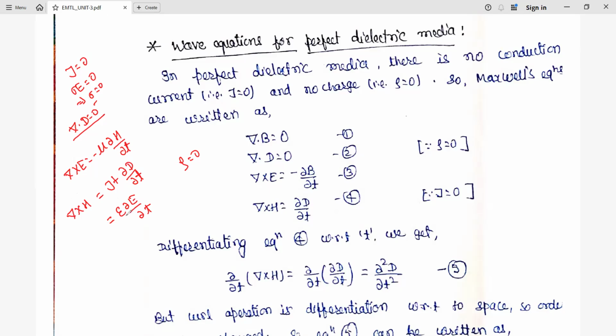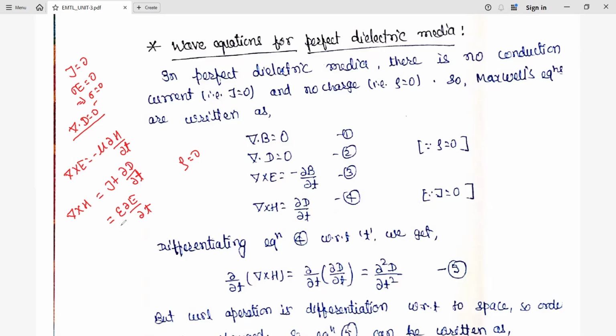So we are going to adopt similar steps as in a conducting medium. The process will remain the same. Here we are going to take the curl of the electric field, that is equation 3, and again there will be some derivative. For that derivative we'll try to find the value, and again we are going to use the identity for del cross del cross E to find the wave equation in terms of the electric field.